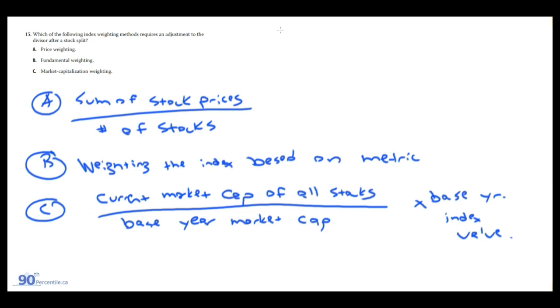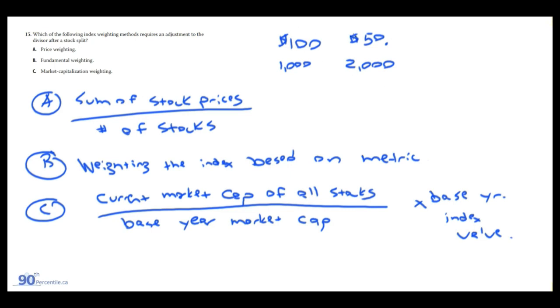So a stock split, really simply, let's say a company's trading at $100 a share and it has 1,000 shares outstanding. Then it wants to do a 2-for-1 stock split, so there'll be two stocks in the market for every one that exists currently. So they'll have 2,000 shares outstanding, but to keep the value of the company equal, because a stock split theoretically shouldn't increase the value of the firm, the share price has to be 50 bucks.